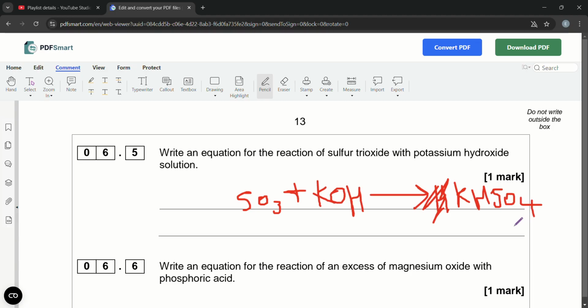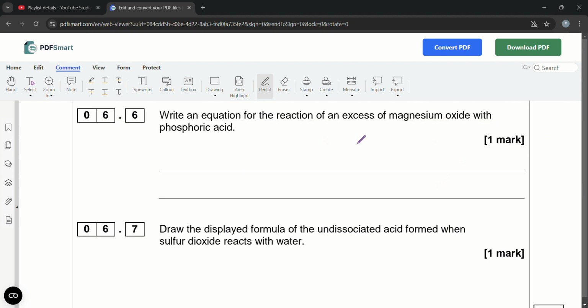SO3 plus KOH to form KHSO4. That's 1 mark.